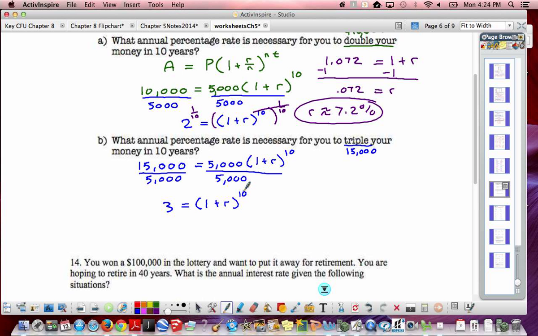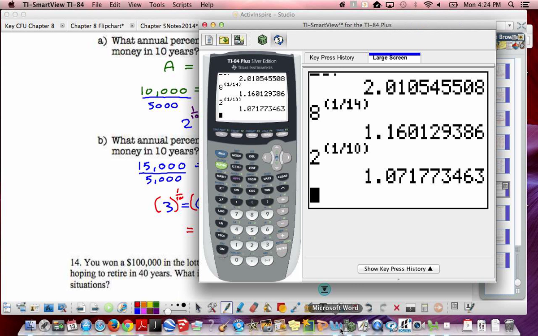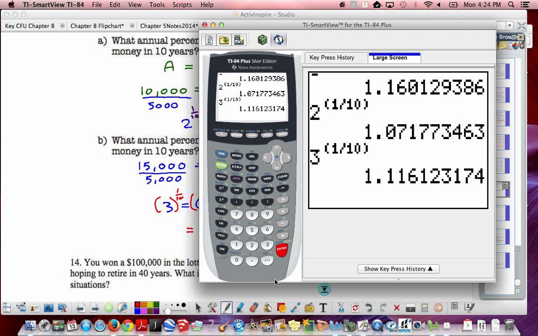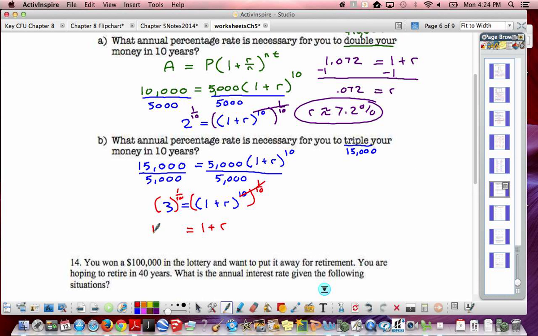We do the same process, raise it to the 1/10th power, crosses out, so 1 plus r is going to equal, calculator time, 3 raised to the 1 divided by 10 power, close parentheses, 1.116. So you can see the interest rate is going to have to go up.